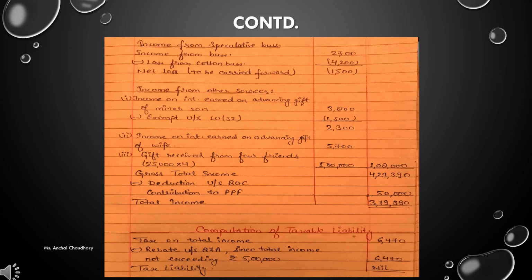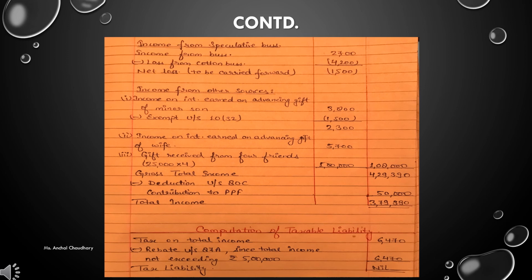As he has mentioned in the last line of the question that he has also contributed to the PPF, under section 80C he will receive a deduction of rupees 50,000 because he has contributed to the PPF. So now total income will be 3,79,390.